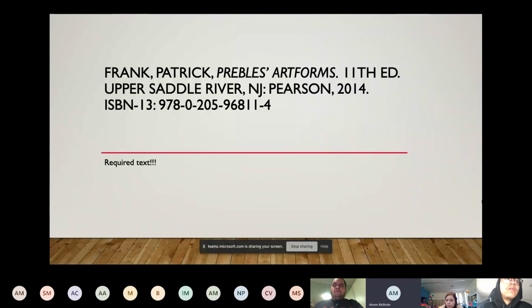Because I don't know which one's cheaper right now, I would get the cheaper one, whichever one that is. As far as needing the textbook for this class, you will probably want it for quizzes and the final exam. Since everything is being done virtually on Canvas, that means all of your assignments are going to be done on Canvas, which in turn means that your quizzes and exams are going to be open book, open notes.